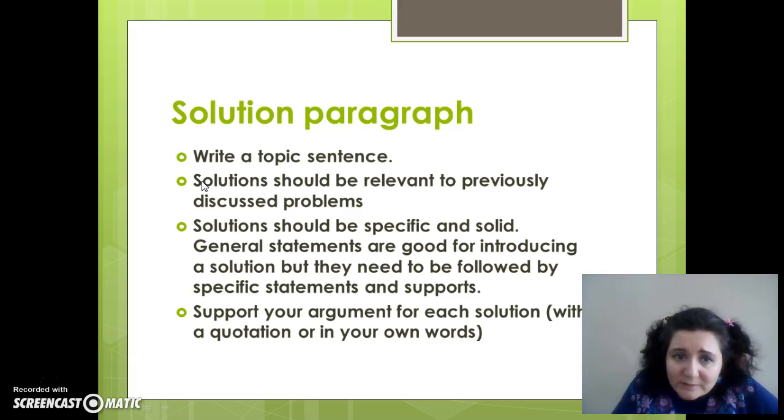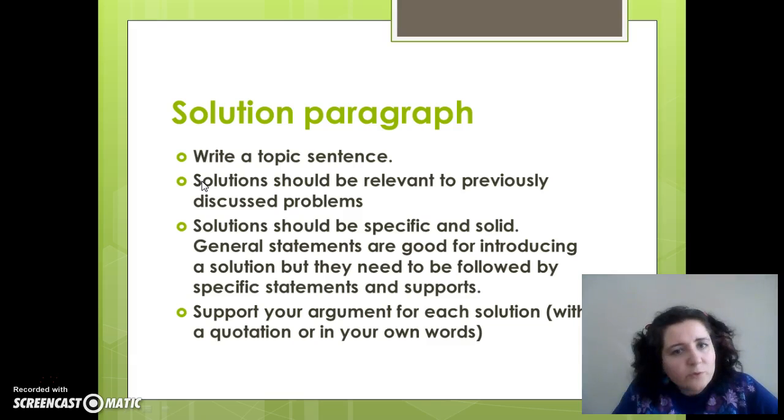What is important here, especially for the solution paragraph, is that the solutions are relevant to the problems in the previous paragraph, and that they are specific and solid.